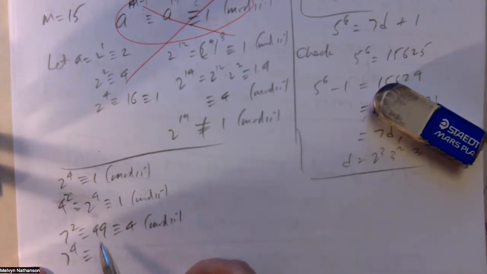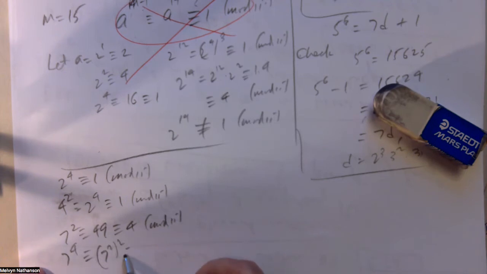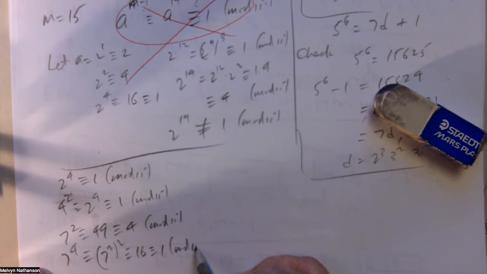So 7 to the fourth is 7 squared squared, which is 16, which is 1 mod 15.